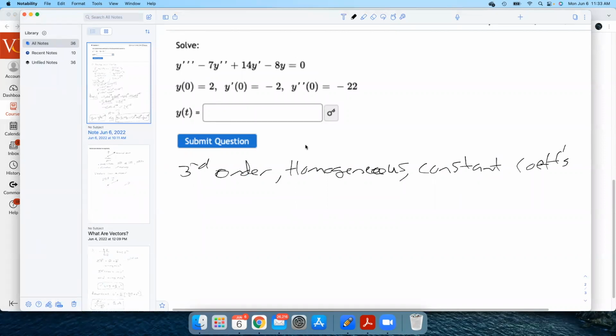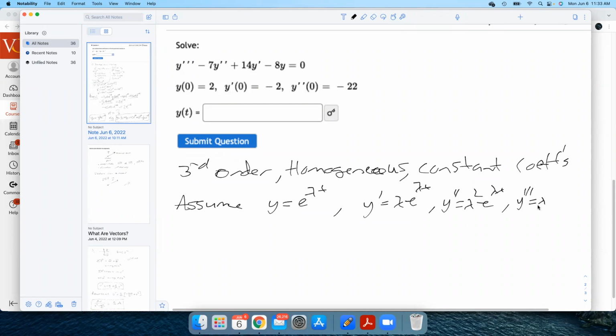No. We want to assume that y is e to the lambda t. I'll go through all the gory details here. y prime then is lambda e to the lambda t, y double prime, lambda squared, and y triple prime, lambda cubed e to the lambda t.